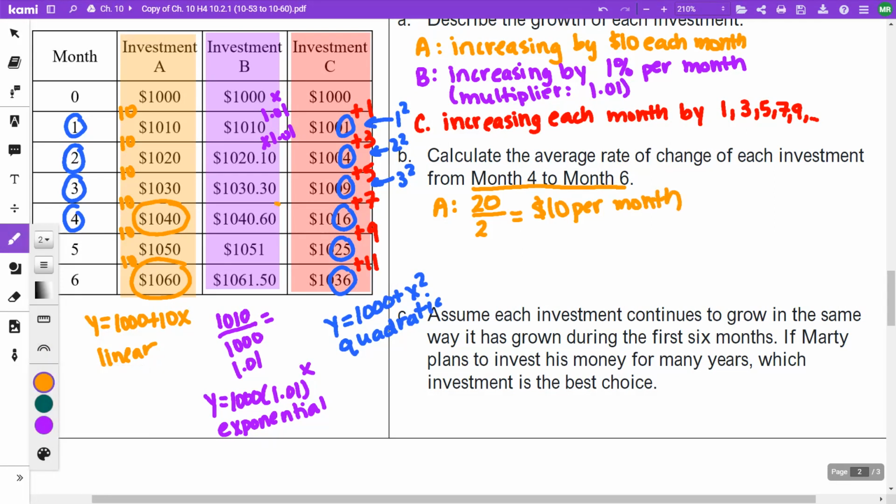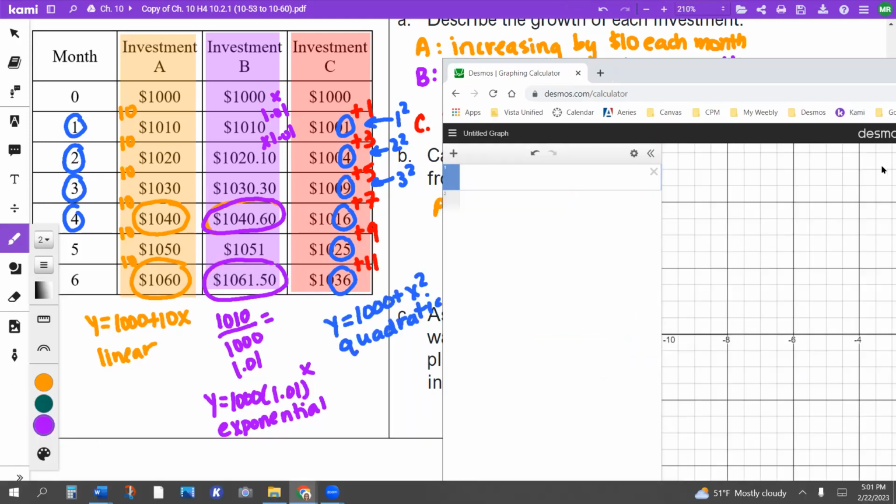When I'm looking at B, I am trying to do that subtraction. Let me just get a calculator. Okay, so I'm taking 1061.5 minus 1040.6. I got 20.9.